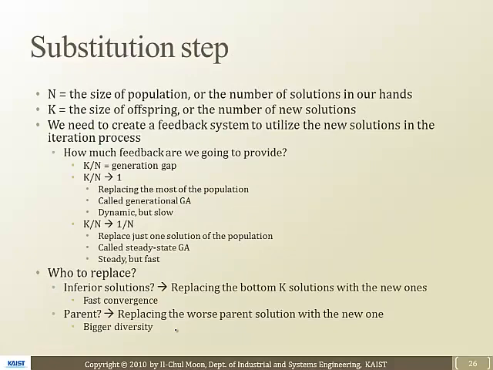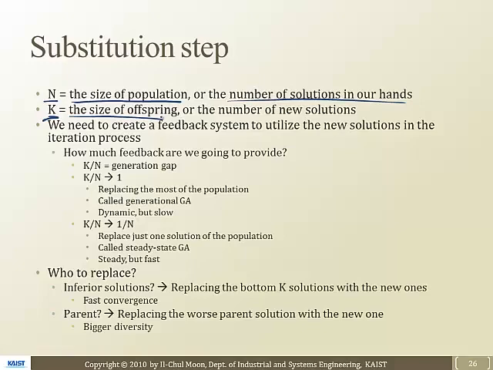Okay, so up to this point, you have a set of solutions so far. N is the size of the population that you keep, the number of solutions in our hands. And K is the size of offsprings.